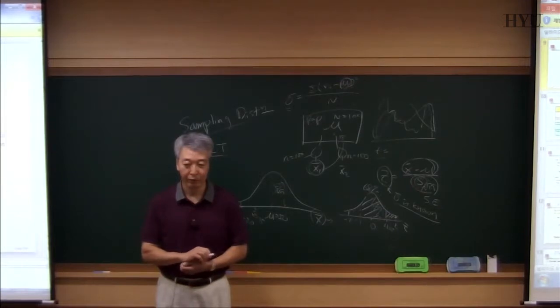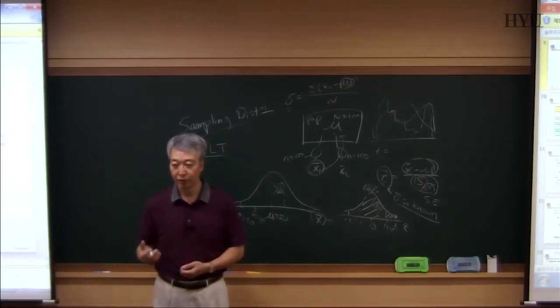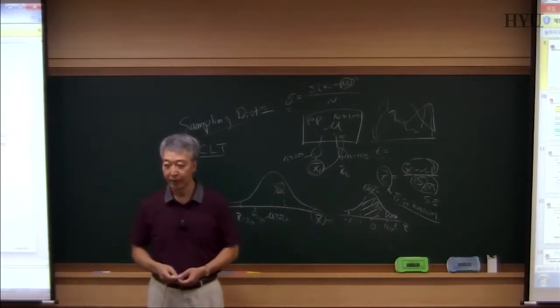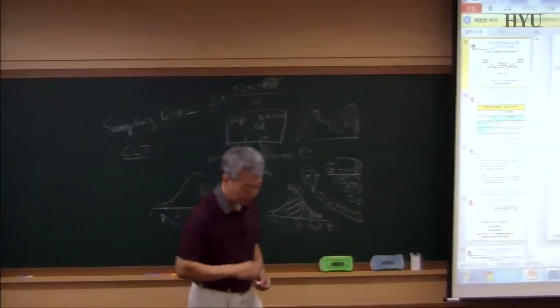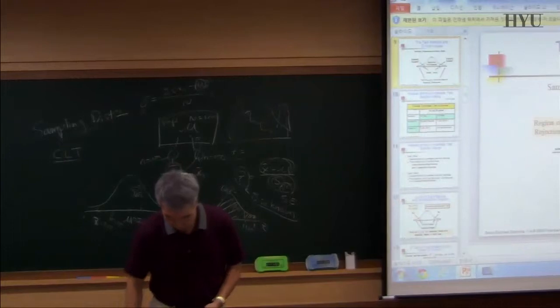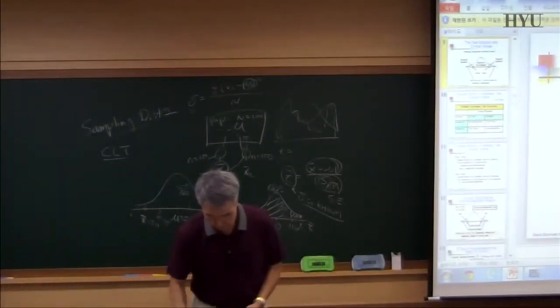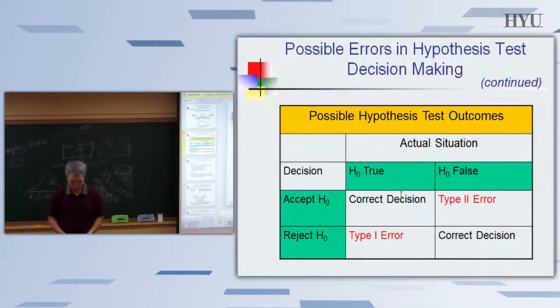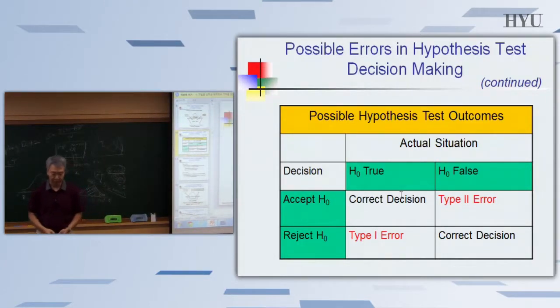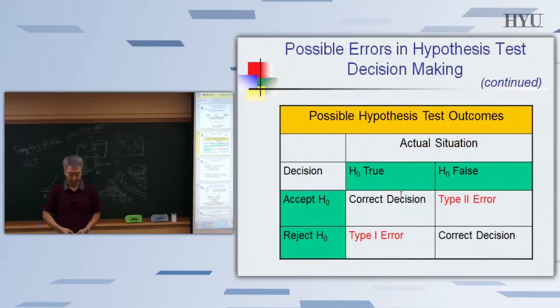I would say 99.9% of the tests that actual researchers run are based on the t-test, the T distribution. Okay. I'll introduce the T distribution later. All right. So to understand how we come up with the critical value, we have to understand the types of error.